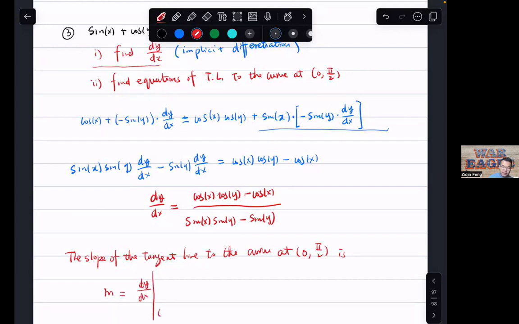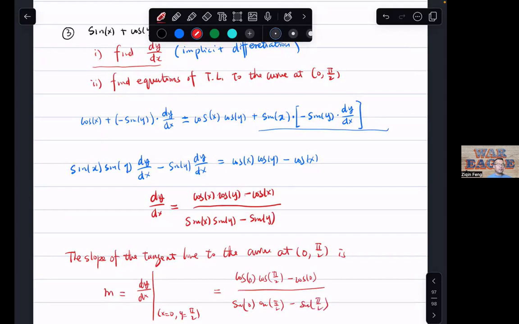The point is x equal to 0, y equal to pi over 2, right? So do that, and you get cosine of 0 times cosine of pi over 2 minus cosine of 0, over sine of 0 times sine of pi over 2 minus sine of pi over 2.